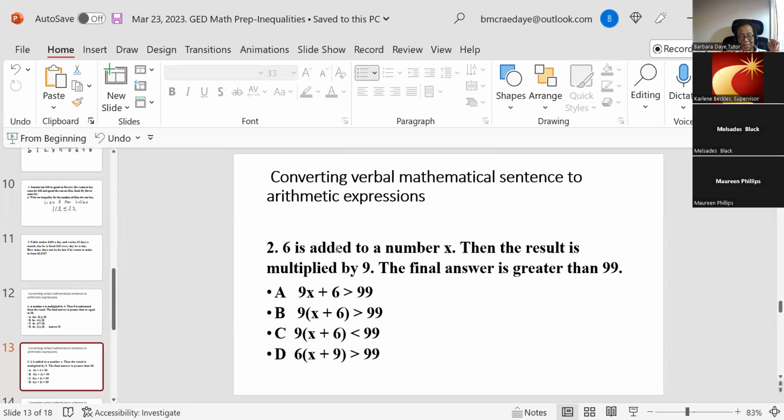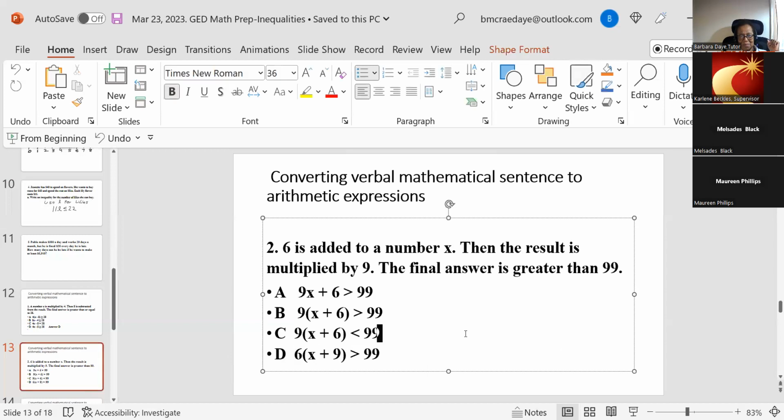But this says 6 added to a number. Maureen, X plus 9, isn't that 9 added to a number? That's not the same as 6 added to a number. And the multiplication is by 9, not by 6.